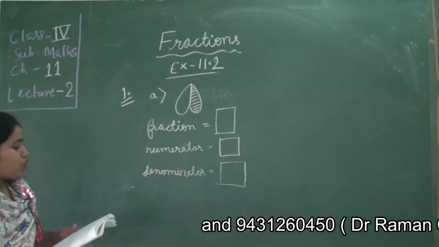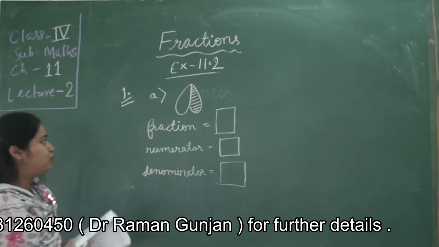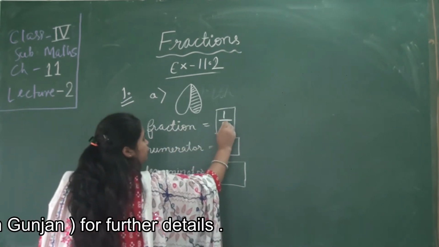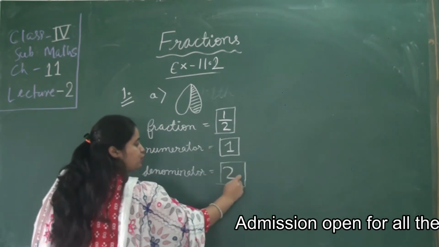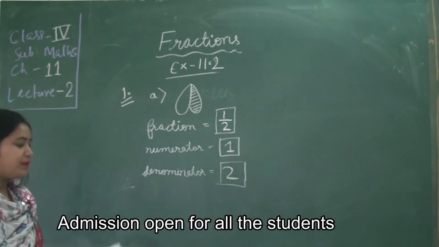What you have to do is write the fraction for the shaded part. So the fraction for the shaded part will be 1 by 2. Now the numerator is 1, the denominator is 2.